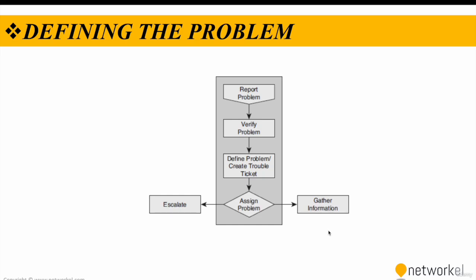Unless an organization has a strict policy on how problems are reported, the reported problem can unfortunately be vague or even misleading. So problem reports can look like the following: when I try to go to this location on the intranet, I get a page that says I don't have permission, or the mail server is not working, or I can't file my expense report.